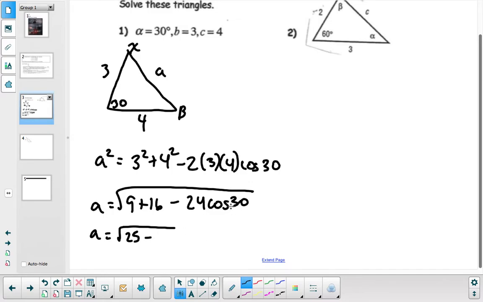Cosine 30 is root 3 over 2. 24 over 2 would be 12, so this is the same thing as 12 root 3. And you're going to type that in your calculator, and you get about 2.05. I'm going to use 2.05 as my number, but remember, use the entire decimal from your calculator. Don't approximate until the very end.